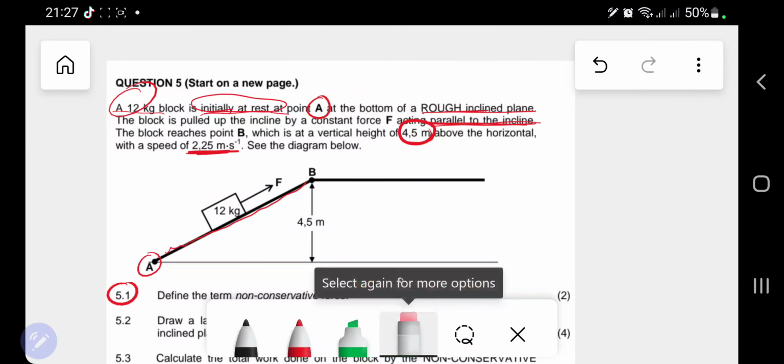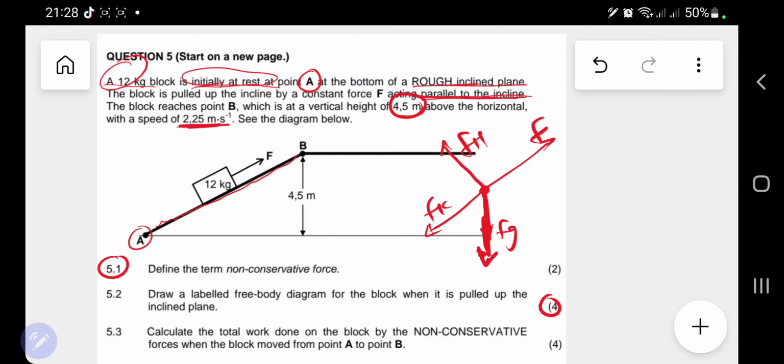Then the other one, we're going to draw it here. This is the applied force, and then we're going to draw it here as your frictional force, and we're going to draw it here as your normal force. Okay, so these are the 4 forces. Our question is basically 4 marks, so it means we need to provide 4 forces in that case.